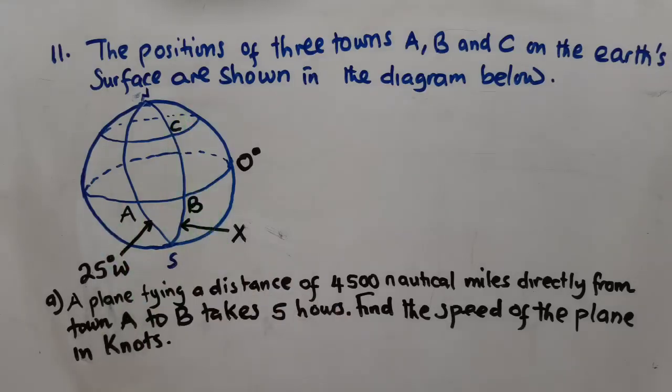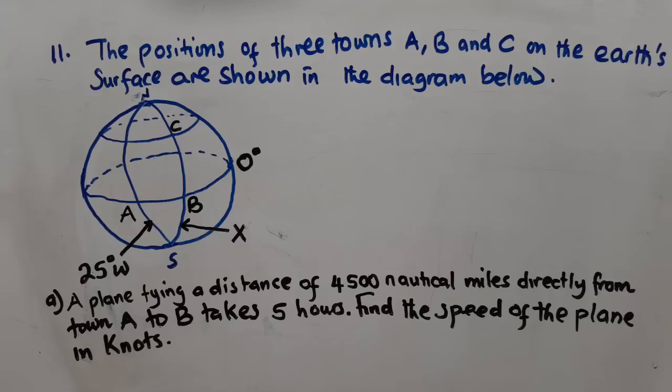A, B, C. Okay? A plane flying a distance of 4,500 nautical miles directly from town A to town B takes 5 hours. Find the speed of the plane in knots.